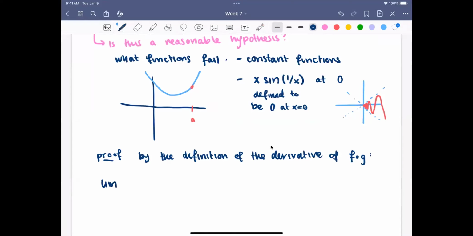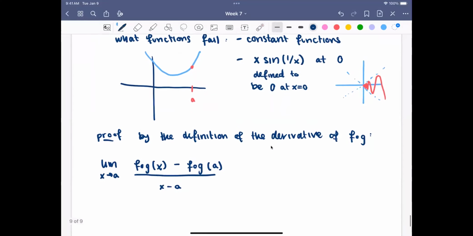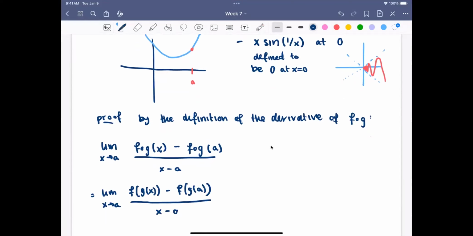So we have the limit as x approaches a of f composed with g of x minus f composed with g of a, divided by x minus a. So this is the derivative of f composed with g. And I'm just going to start simplifying this. So I have the limit as x approaches a of f of g of x minus f of g of a, divided by x minus a.